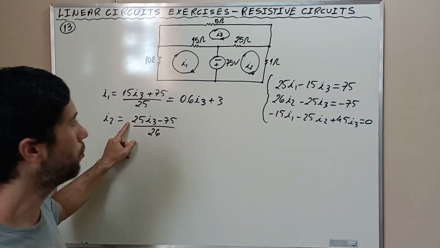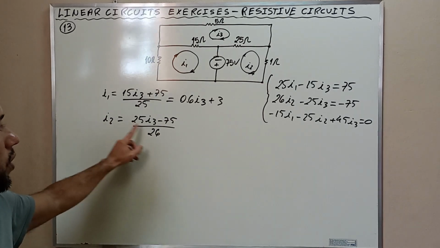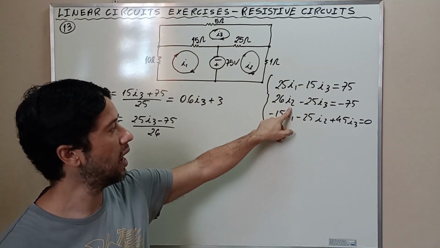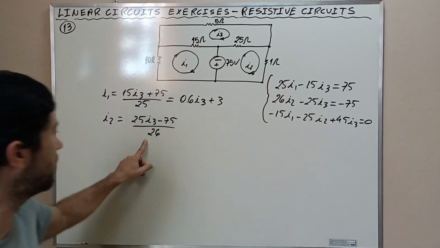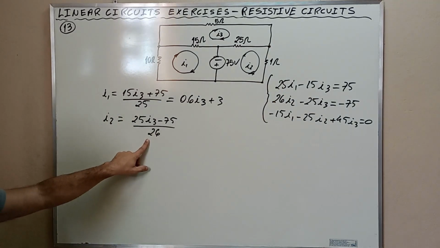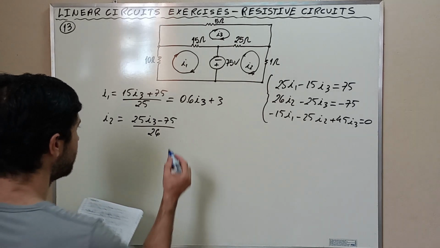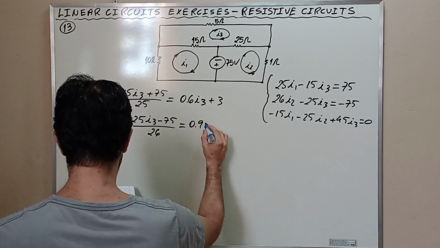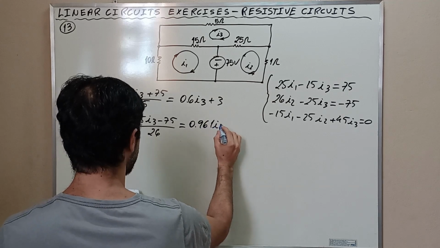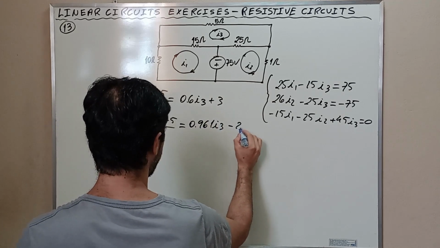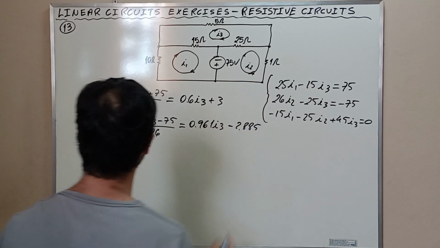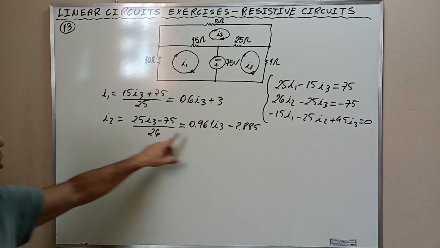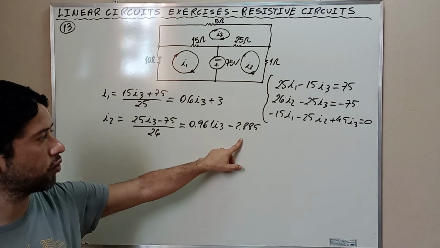It became positive 25 times I3 minus 75, and this 26 multiplying I2, I passed to the other side dividing, and I got this, okay? And in this way, if we divide, we find that I2 is 0.961 times I3 minus 2.885, okay? And then we have both I1 and I2 described in terms of I3.